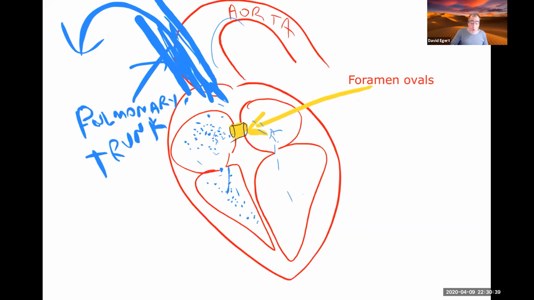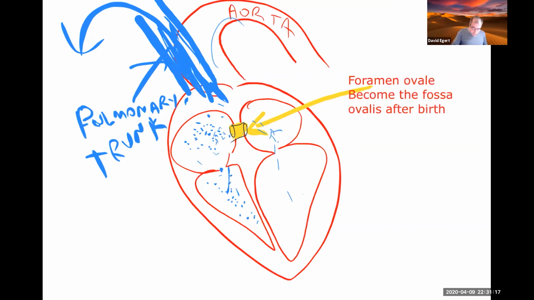After you are born, obviously that has to be sealed up, so you can still see a little divot where it used to be. After birth, it becomes the fossa ovalis. So that's one thing, the foramen ovale, which is open.